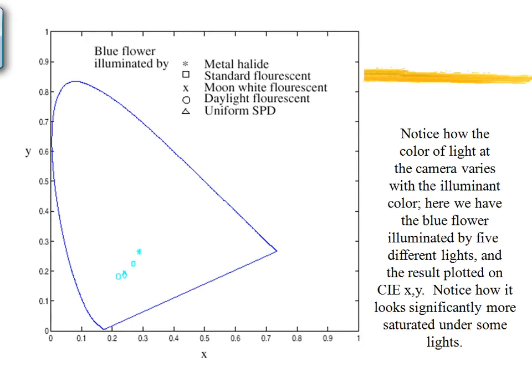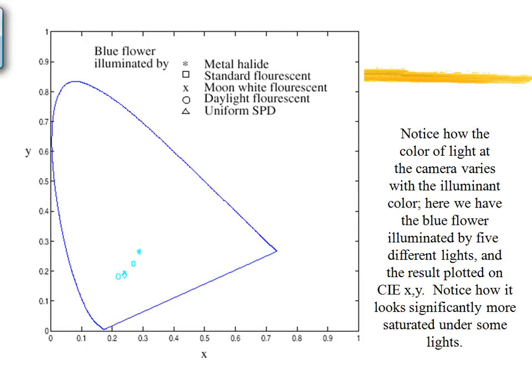Now, if I look at a different object under the same light sources, then of course the perceived color is different because I'm looking at a different native color of the object, but the variance in how the different lights get perceived is not that different. So a common light source will shift the color in a consistent manner.